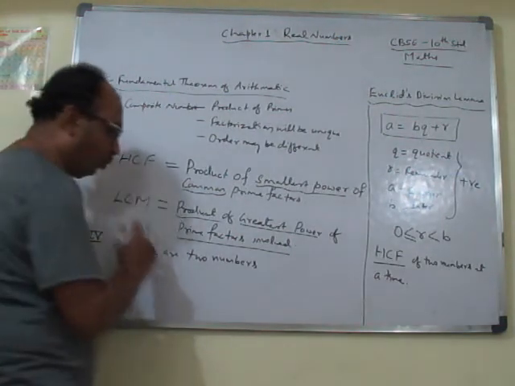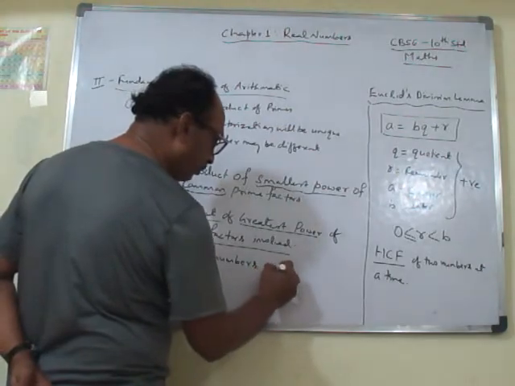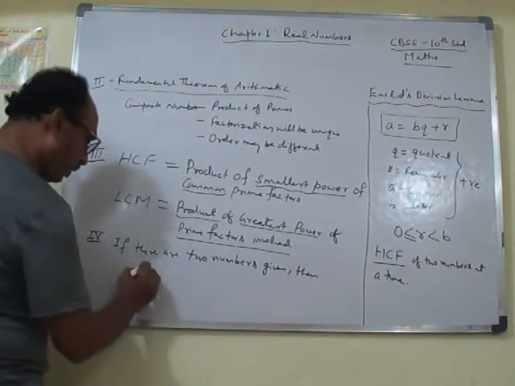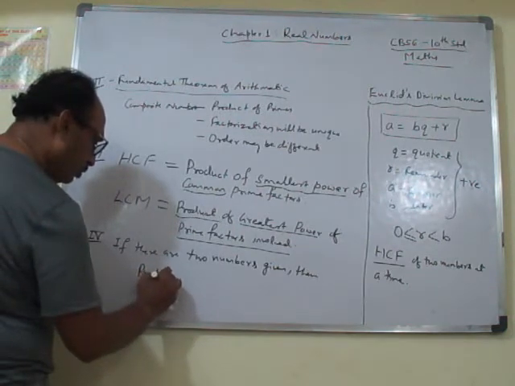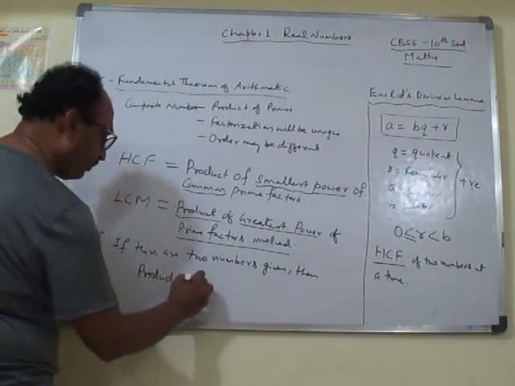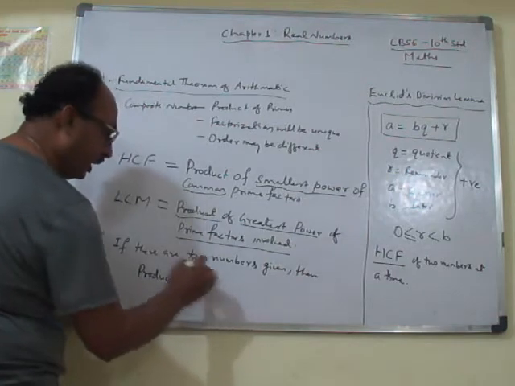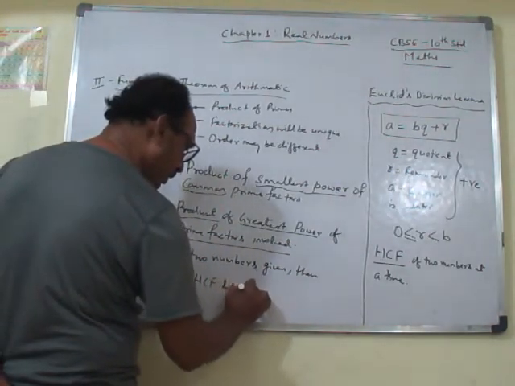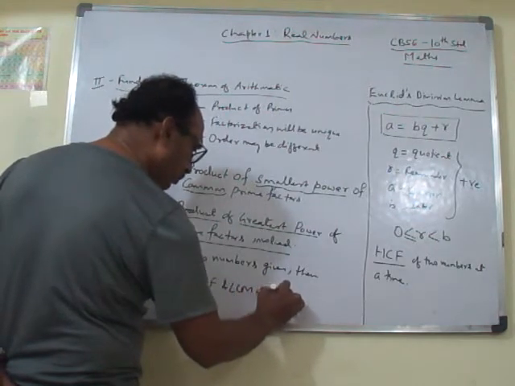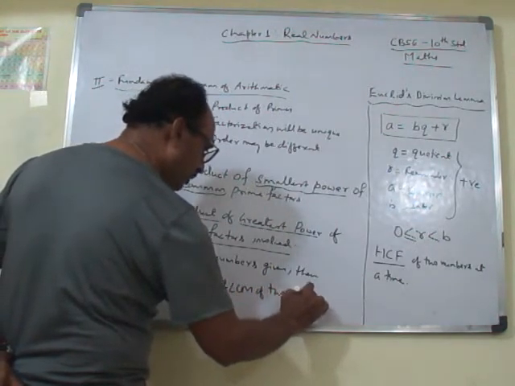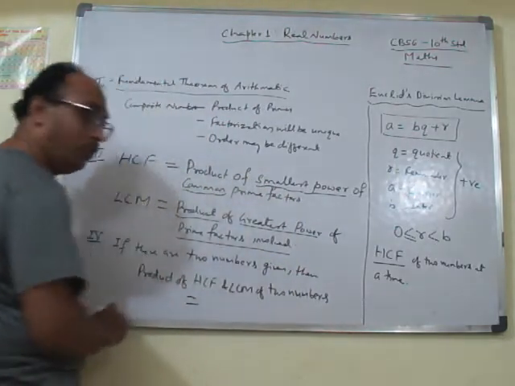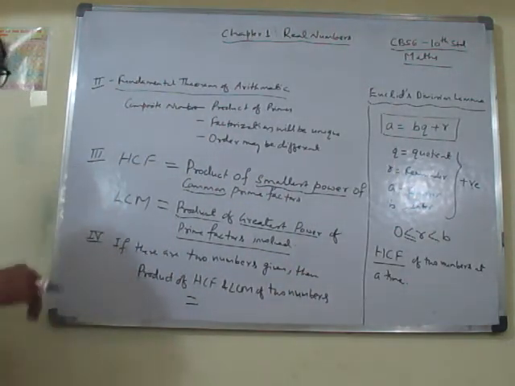So if there are two numbers given, then the product of HCF and LCM of two numbers is equal to the product of the numbers itself.